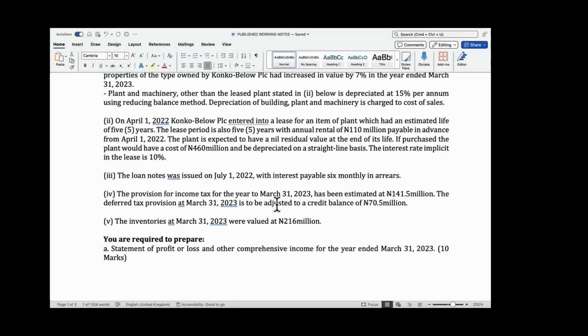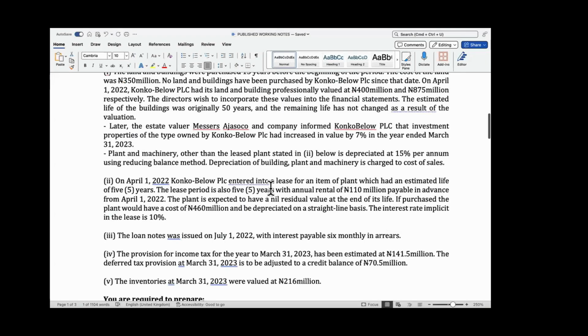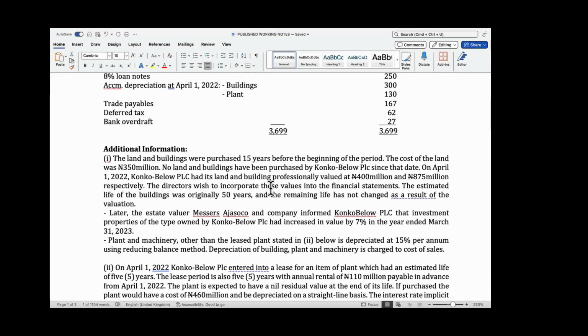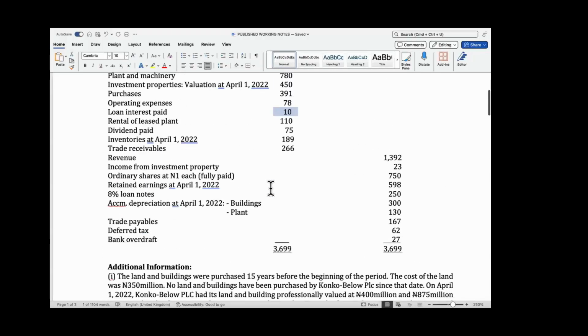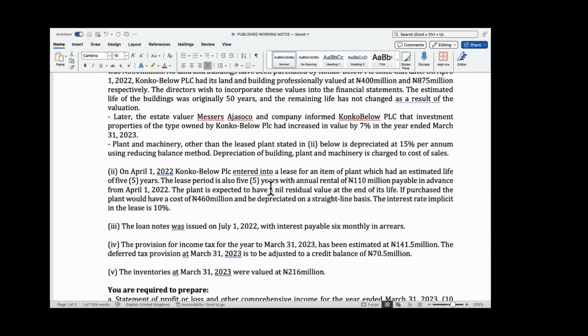But accounting requires that you accrue for the interest. And the year end is when? The year end is March 31st, 2023. You need to accrue for the unpaid interest. Even though he has not paid, we still need to accrue for it and recognize it in our books as a liability. I'll show you how you determine that. It's very straightforward.